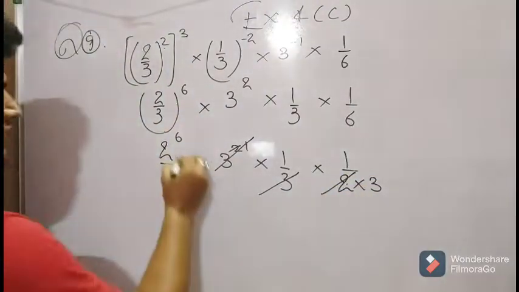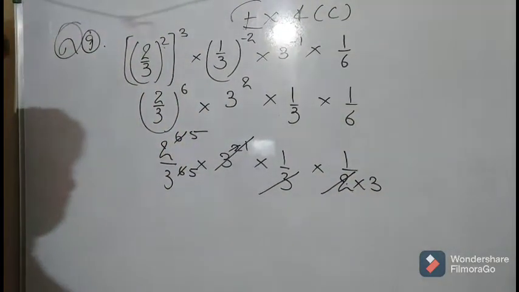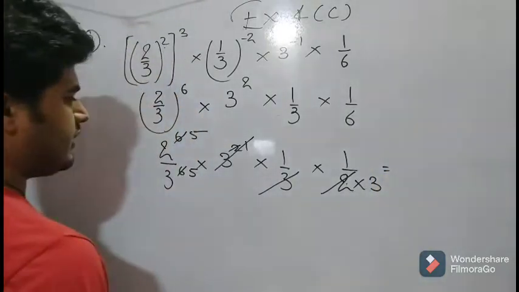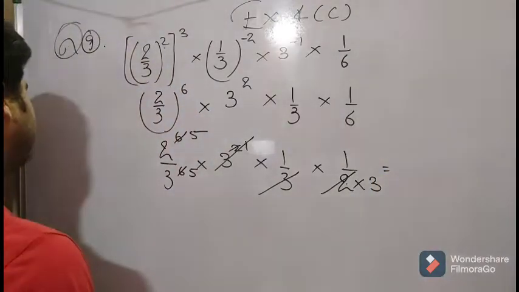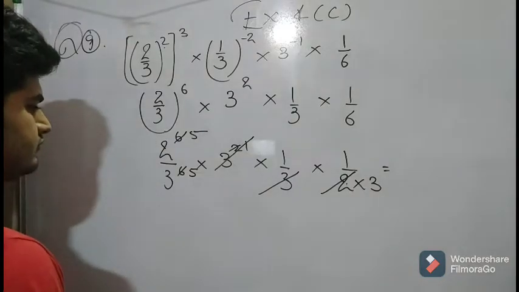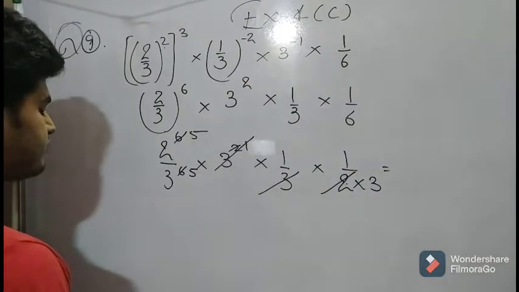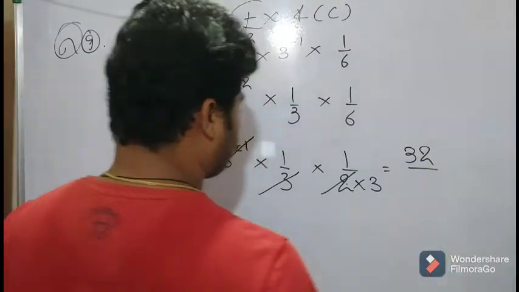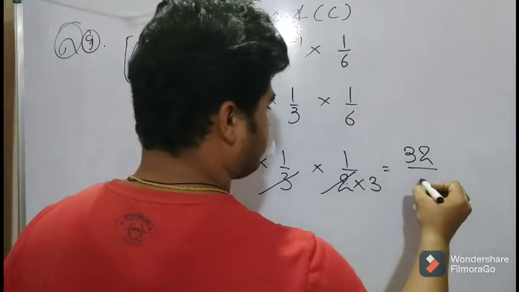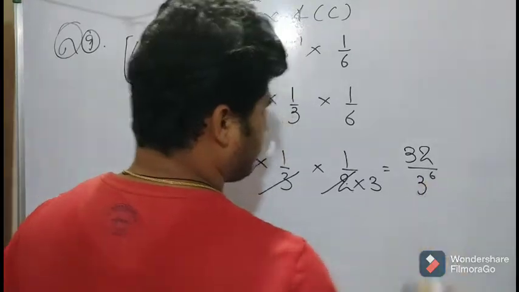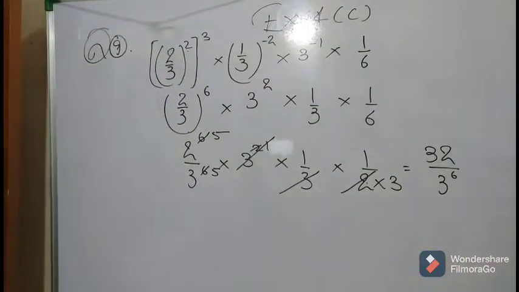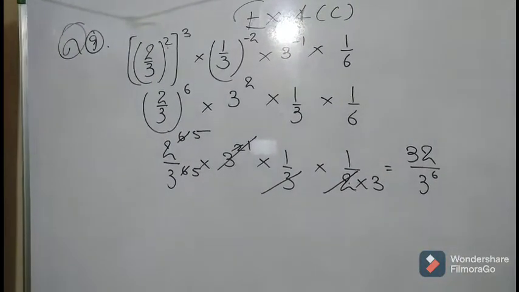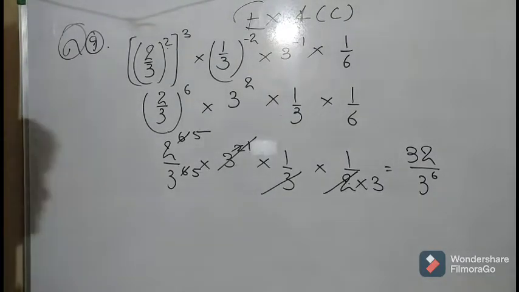So this 2 will make it 2 to the power 5, and 2 to the power 5 is 2, 4, 8, 16, 32, upon 3 to the power 6. And 3 to the power 6 will be 3 threes are 9, 3 nines are 27, 3 twenty-sevens are 81, 3 eighty-ones are 243, multiplied by 3.